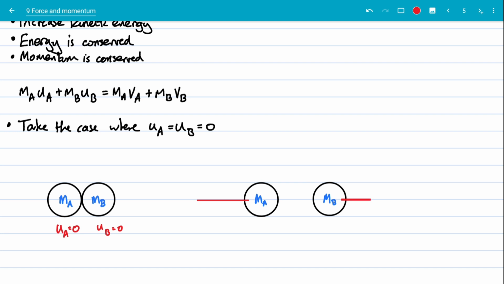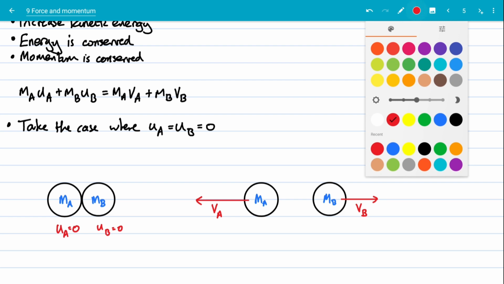I don't know what they are relative to each other because it depends on the masses. In the picture I've just drawn, mb is obviously greater than ma. This is our va, this is our vb. And you will notice that they are in opposite directions.